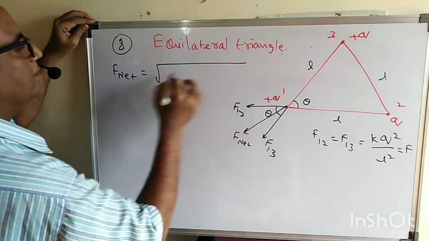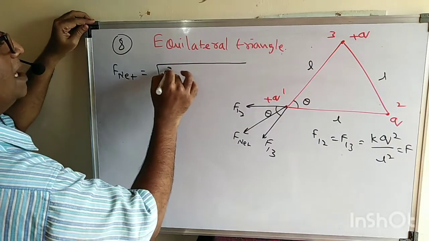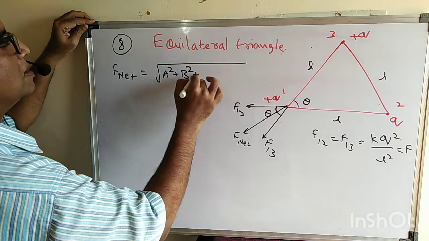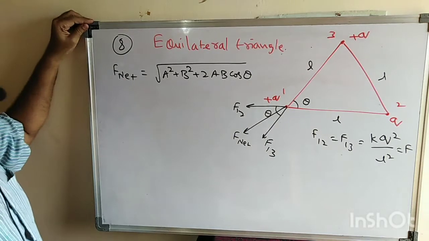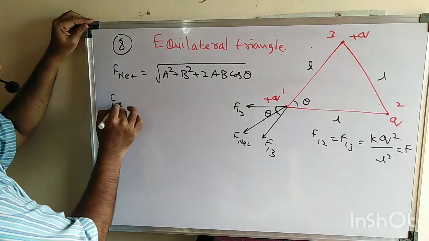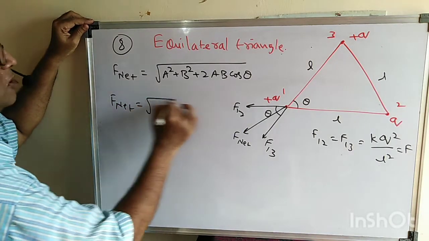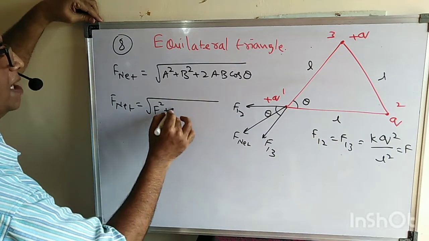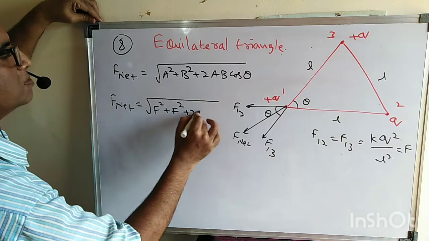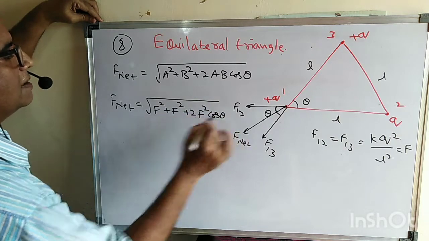Therefore F net is root over a square plus b square plus 2ab cos theta. You remember this formula? In vectors we learned that one. Therefore F net is root over F square plus F square plus 2F square cos theta.